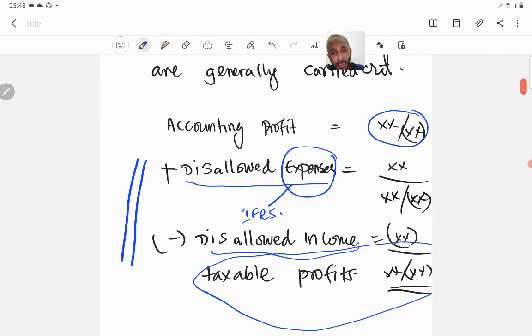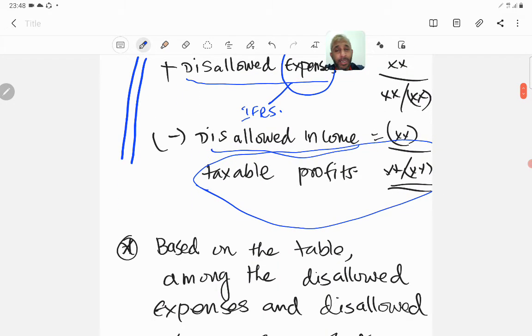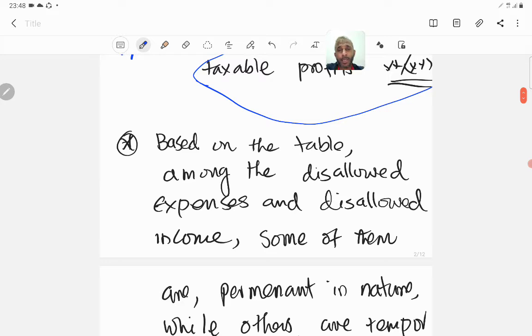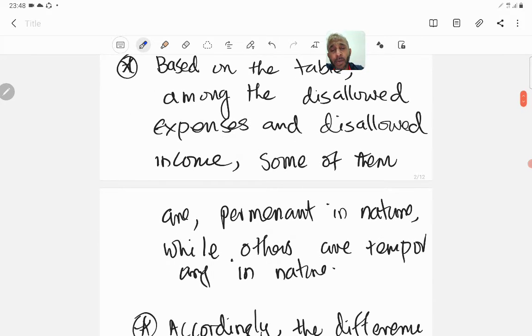Now you see here, I have accounting profit and I have taxable profit. That means I have two items in my hand. Both are not equal. So based on the table, among the disallowed expenses and disallowed income, some of them are permanent in nature.